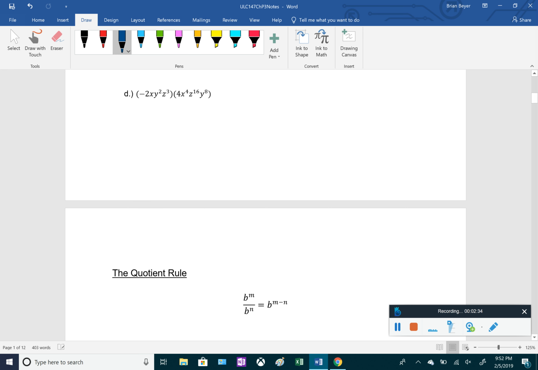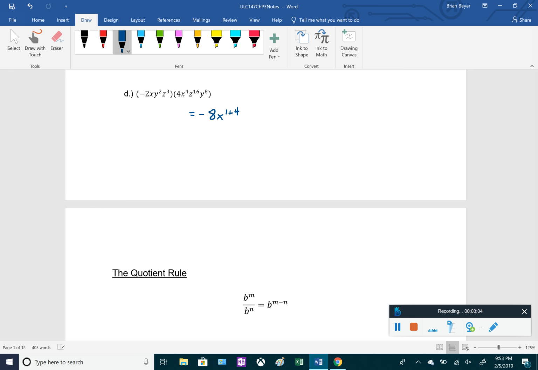And last one here, negative 2x squared z cubed times xy squared z cubed, 4x to the fourth, z to the 16th, y to the 8th. So multiply the constants, so negative 2 times 4 is negative 8. Then we have multiplying the x's. X with no exponent is x to the first times x to the fourth, so x to the 1 plus 4.